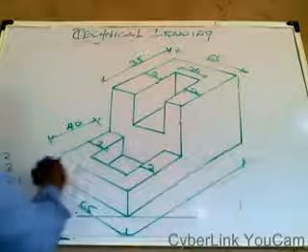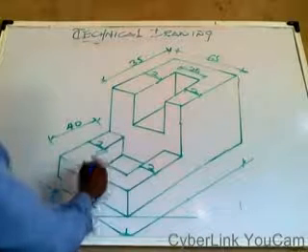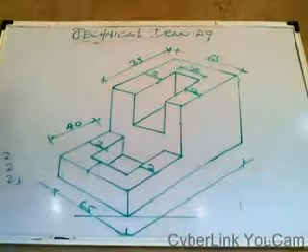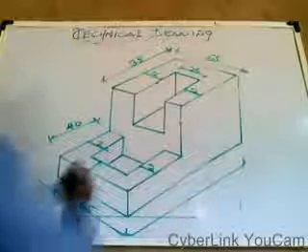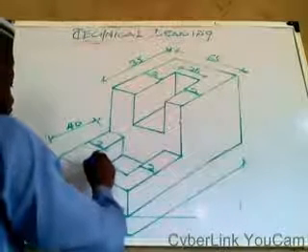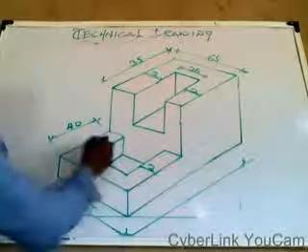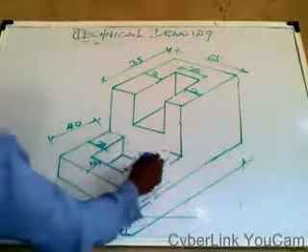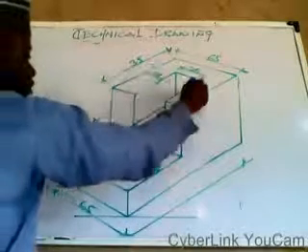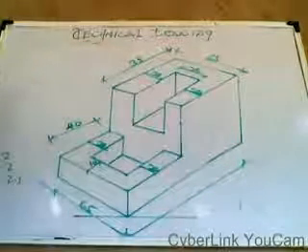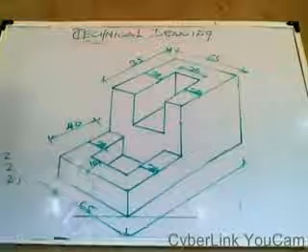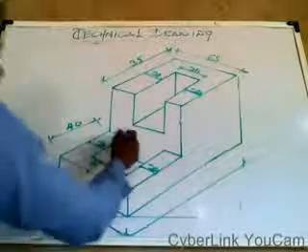So that 40 from here to here, we have, let's say, 1, that is 10. This one is 20, that is 2 centimeters. This one is 1 centimeter now. So if this one is 1 centimeter, from here to here is 3 centimeters.